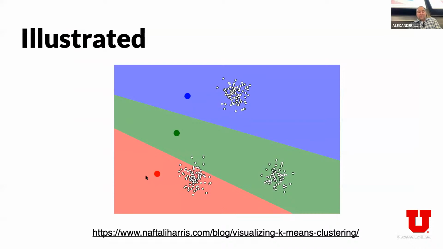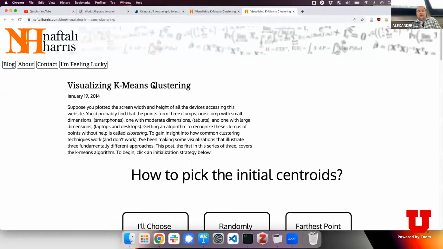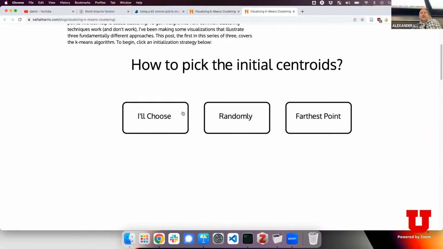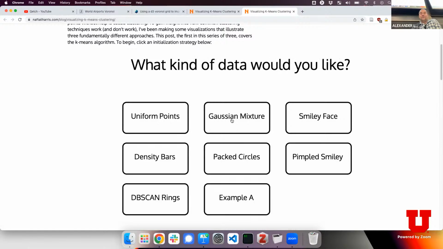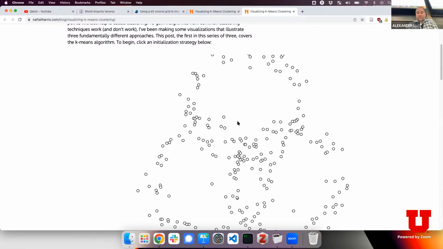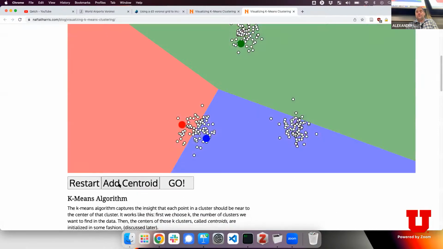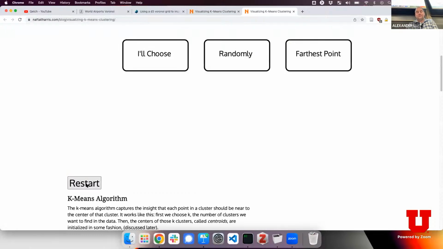And then another thing that is interesting, maybe we'll go back here for a second, is choosing points, right? Here I picked them initially, but if I do a random assignment of points, and let's do this Gaussian mixture again, and then I add centroid 1, 2, 3.